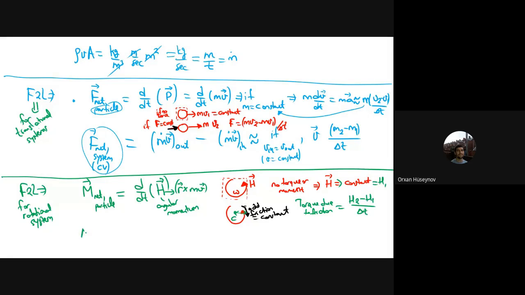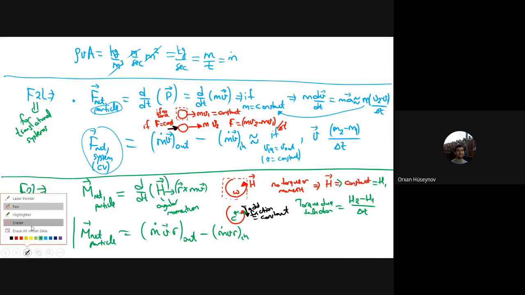If you simplify it, the net moment on the particle will be equal to, similarly, m dot v r, which is outlet, minus m dot v r, which is inlet. This will be the equation for the fluid. Actually, CV, let me add it. This one is for the CV.